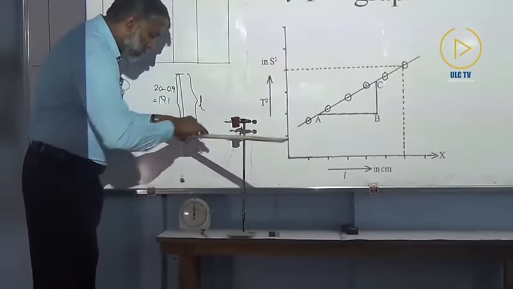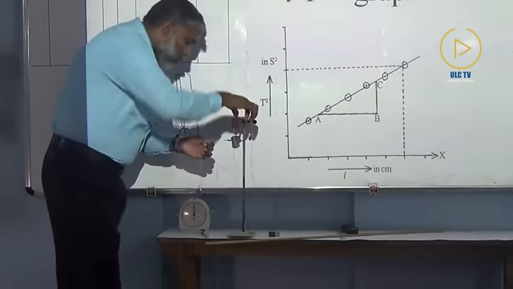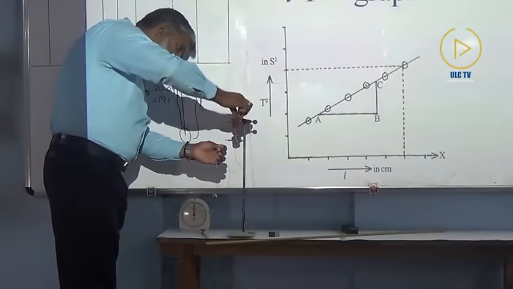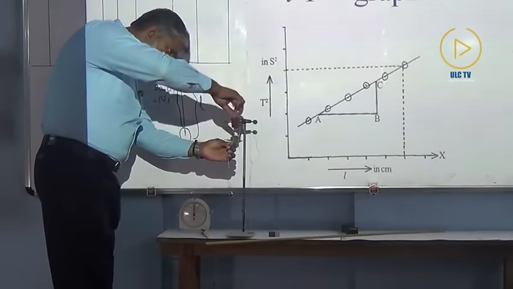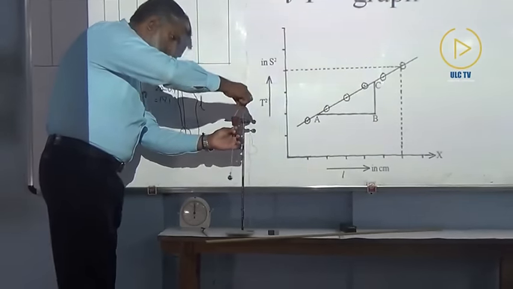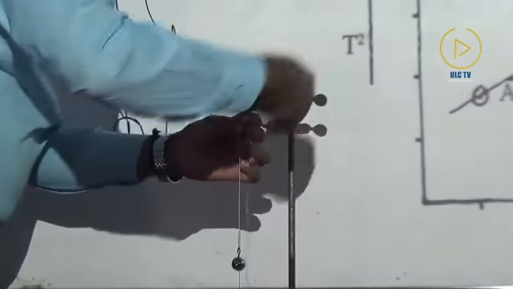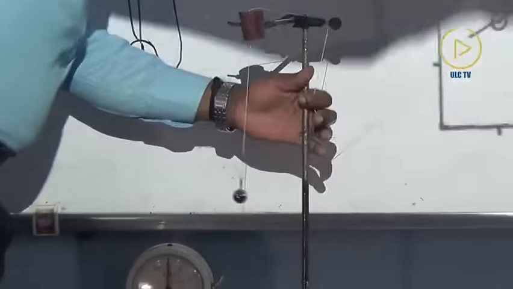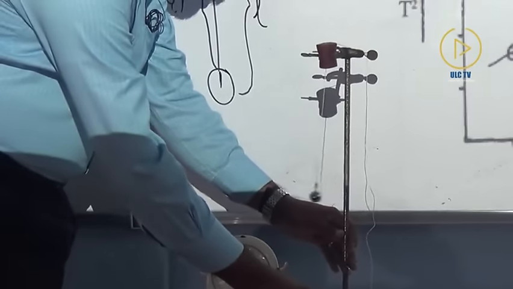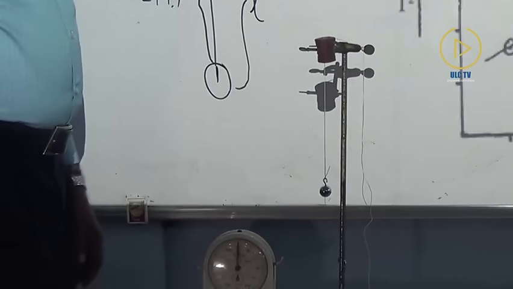Then I am suspending. Now the length of the pendulum is 20 centimeter. Now I am going to oscillate it.